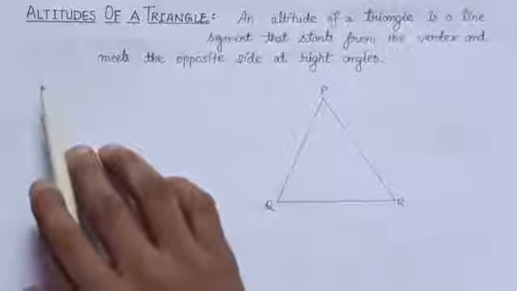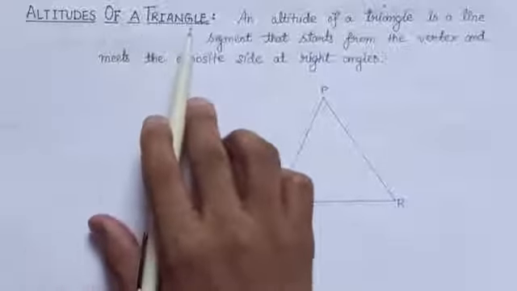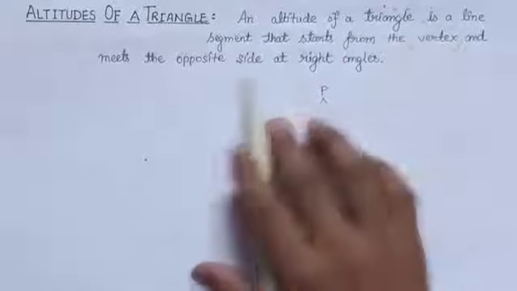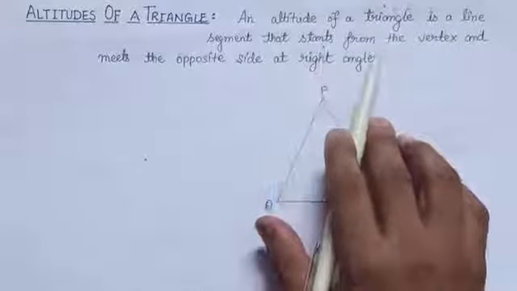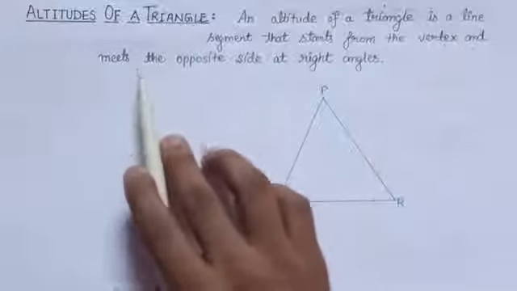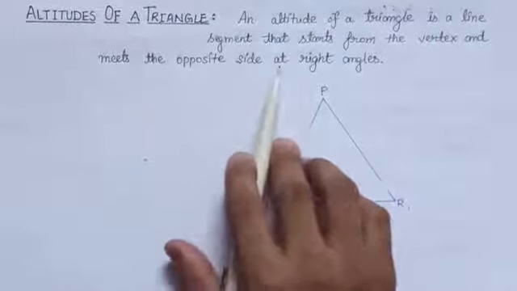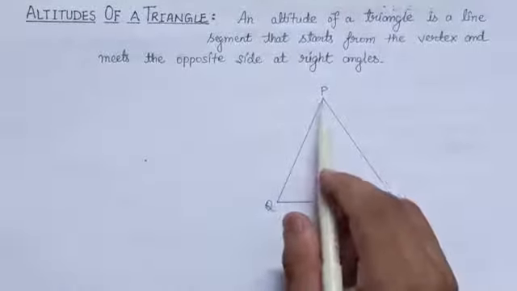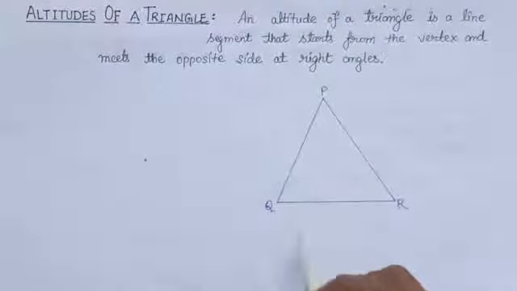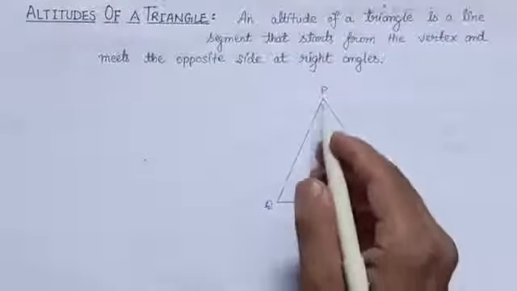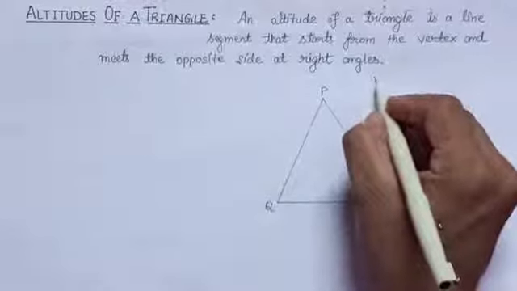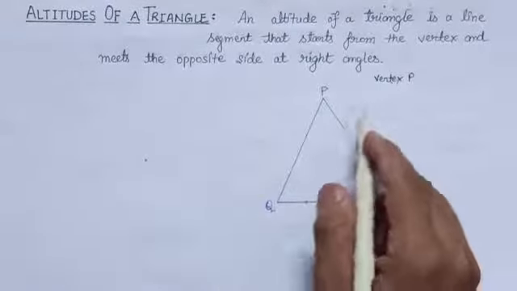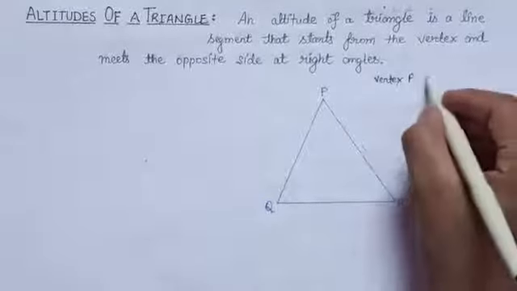Now students, we will see what are altitudes of a triangle. An altitude of a triangle is a line segment that starts from the vertex and meets the opposite side at right angles. Now here you can see that there are three vertices P, Q and R. If we choose the vertex P, then the side opposite to P is QR.